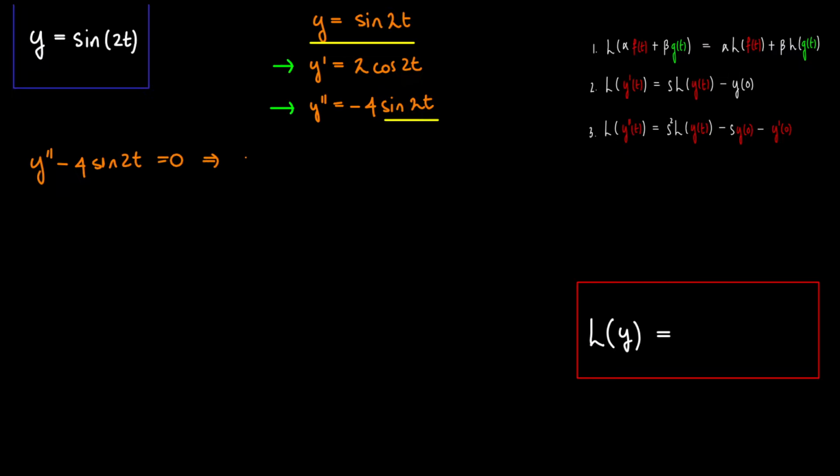So in other words, y double prime plus 4y is equal to 0. Great, and now we're in a situation where we can use our formulas. So let's apply the Laplace transform to both sides.